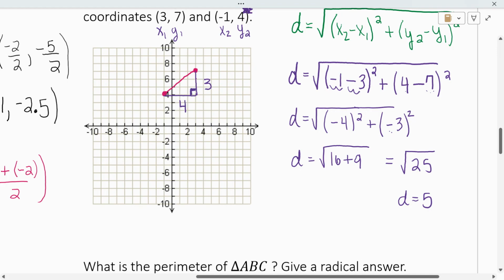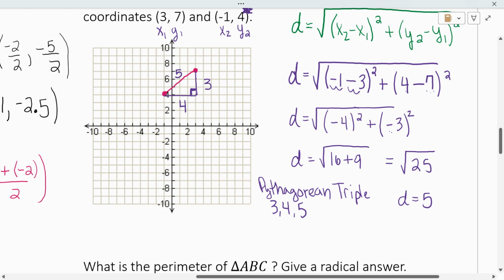And we call that 3, 4, 5 something special. It's a what? I would look at my notes from Friday. Yeah, a Pythagorean triple.